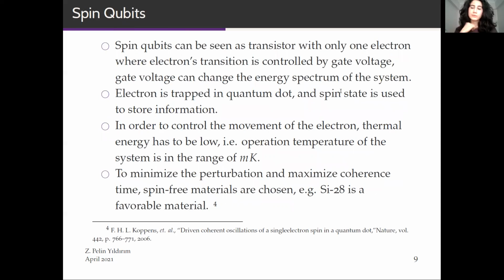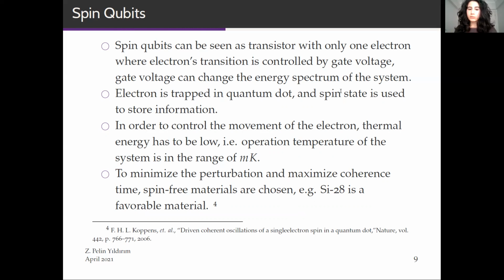Let's move on to spin qubits. As the name suggests, spin qubits utilize the spin state of the electron as its bits. They can be thought of as transistors with only one electron, where the gate voltage controls the particle.